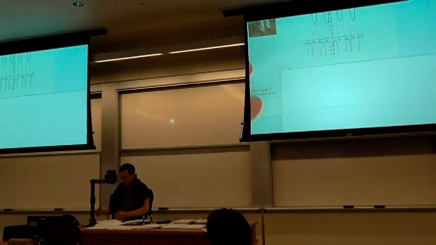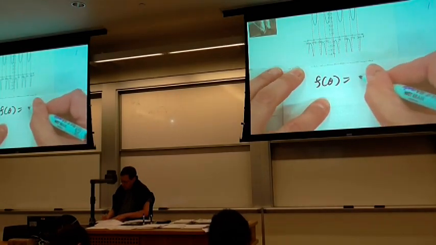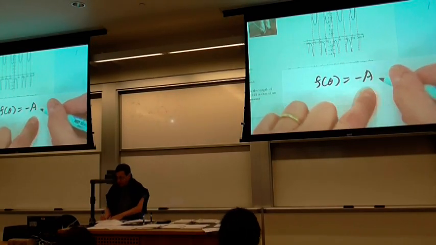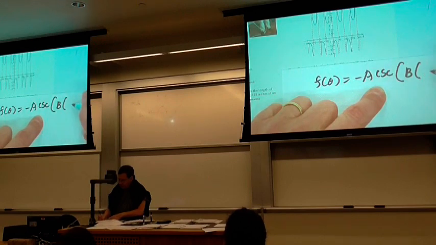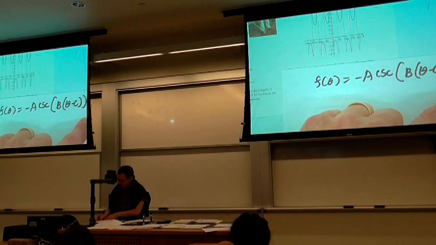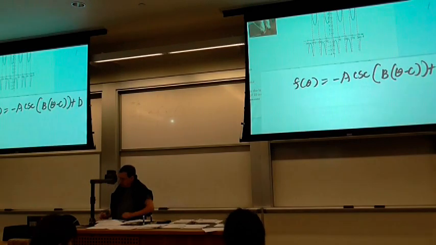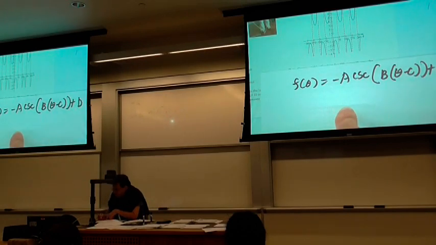This isn't a prepared lecture, right? Minus a, where a is positive, cosecant of b times theta minus c plus d. All right, so seems to me the first thing we want to hammer away at is the D value, that's the midline.